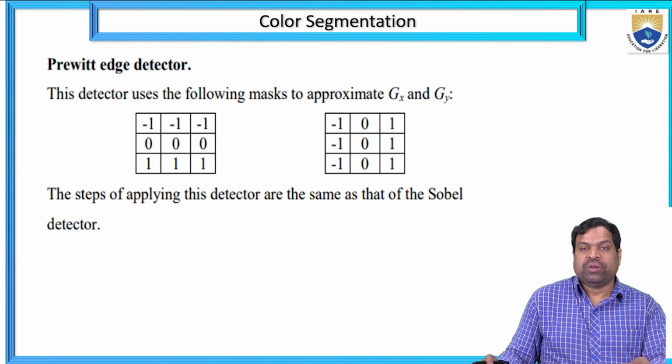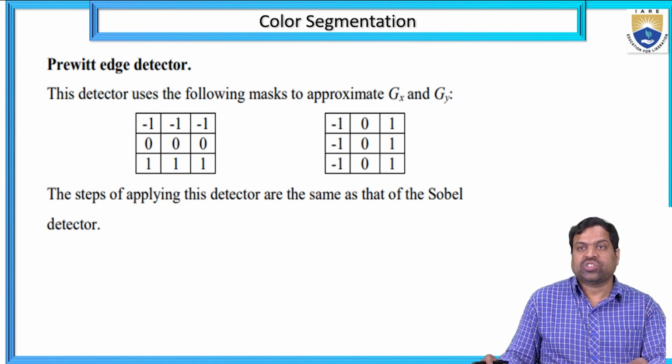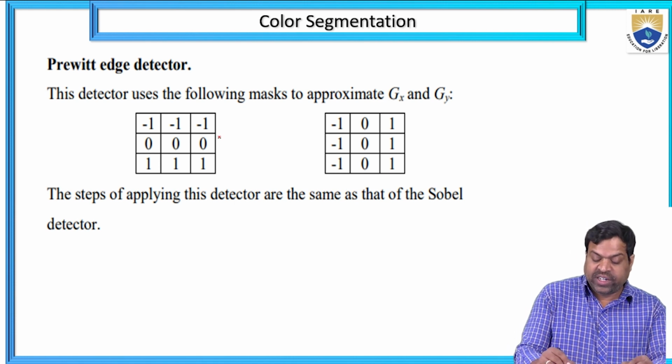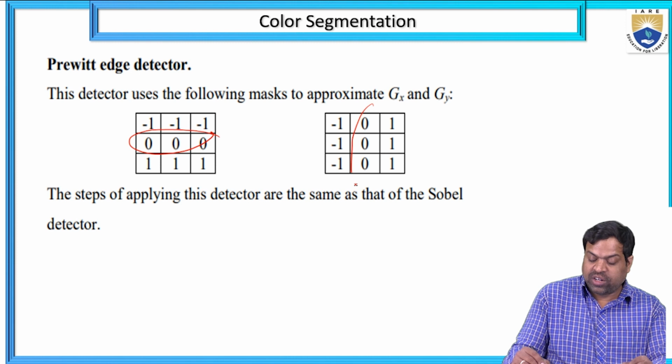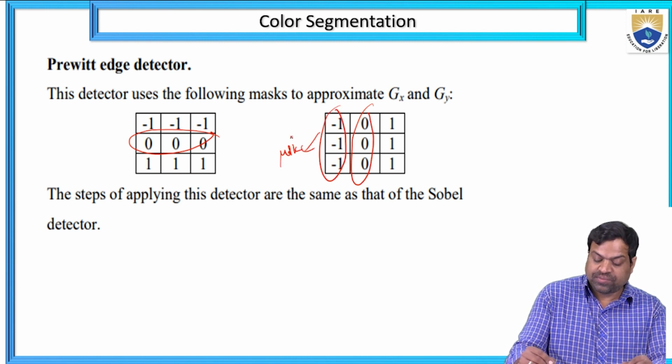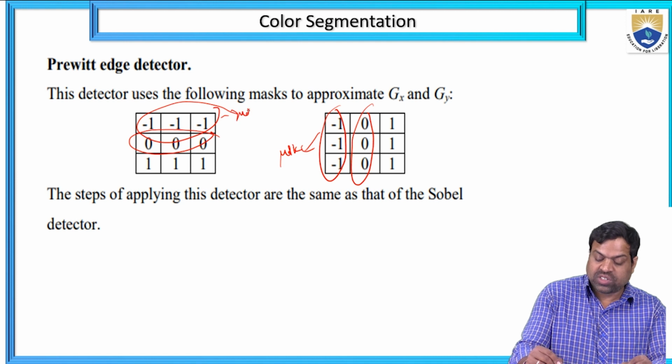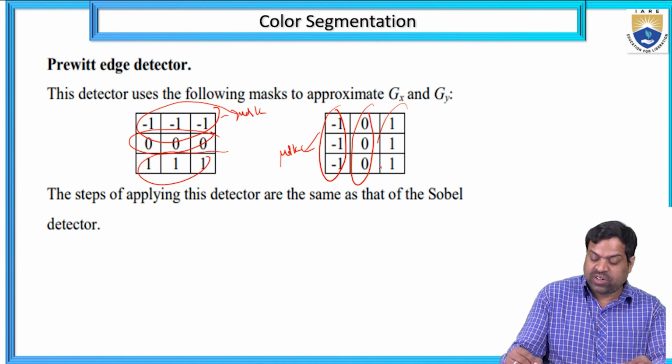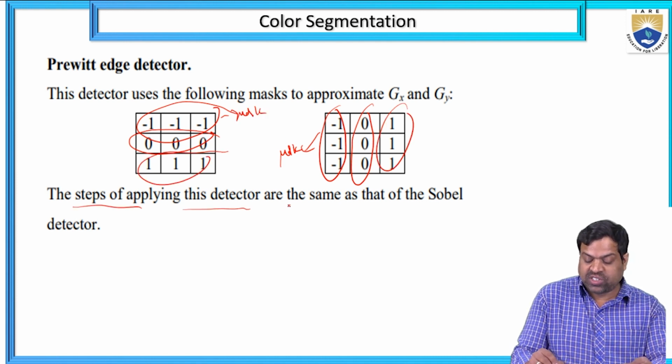Next is the Prewitt edge detection. This detector uses the following masks to approximate Gx and Gy. It is also horizontal and vertical. Here the mask has -1, 1, and so on as matrix values. The steps of applying this detector are the same as for the Sobel detector.